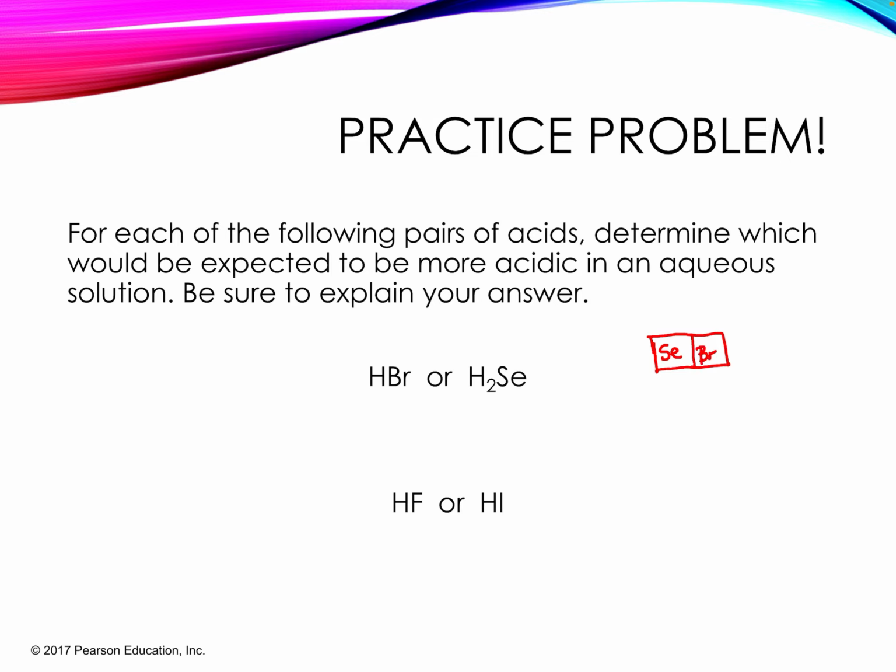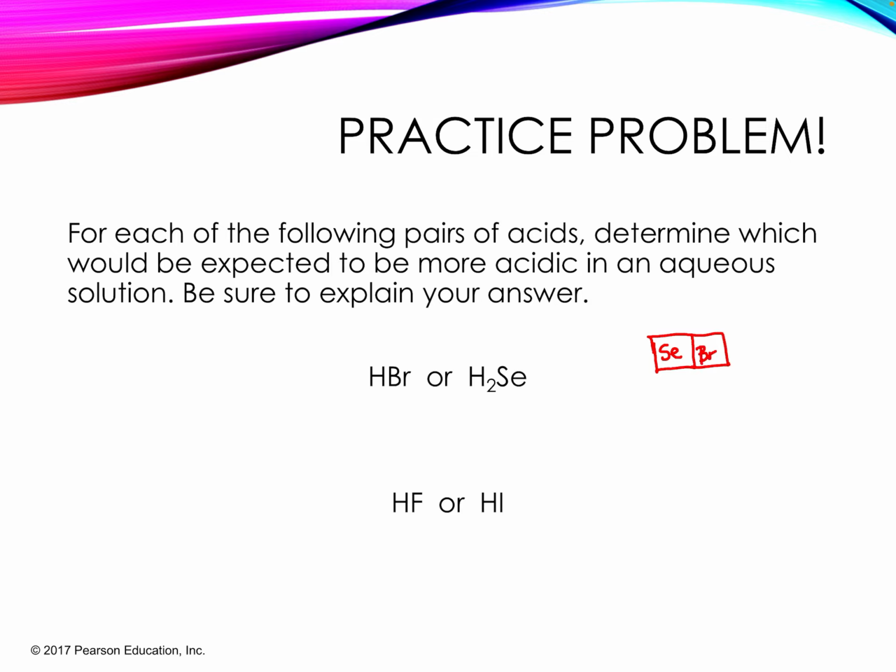And then the other one, hydrofluoric acid versus hydroiodic acid, if we look, we have fluorine up at the top, and then we've got chlorine, and then we've got bromine, and then we have iodine down here. So again, our trend for a given column, for a given group, is based on atomic radius. And so the larger the atom is that's being bonded to the hydrogen, the weaker the bond between the hydrogen and that atom.